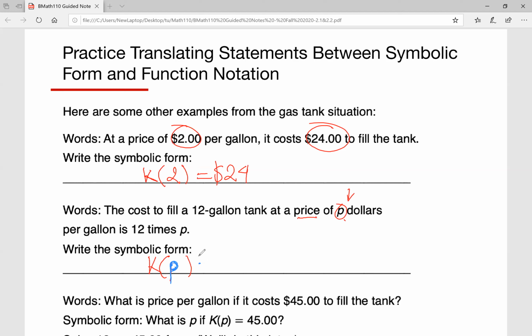And that's gonna be equal to 12 times P. Okay, so that is exactly the function of the cost. Okay, so now let me move down.